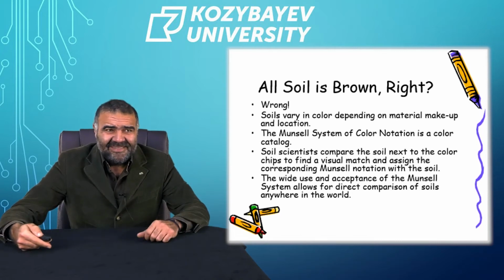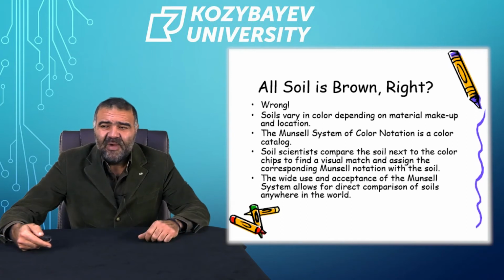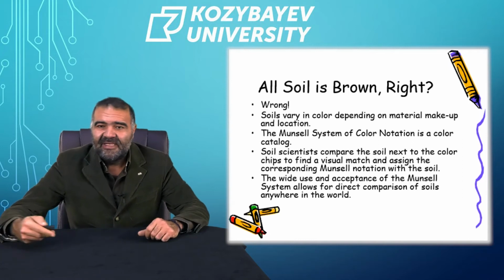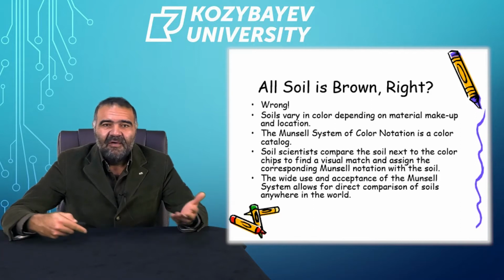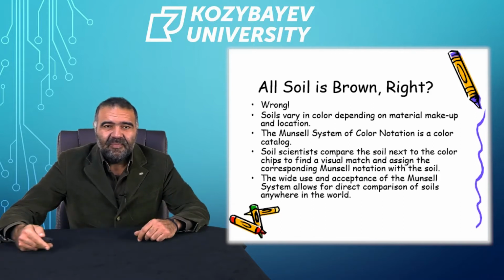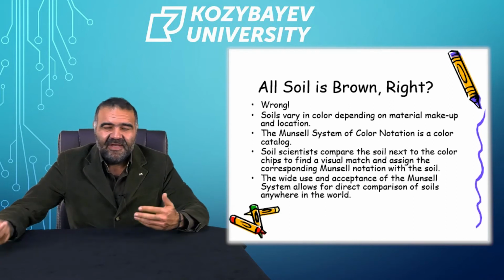We use a special system to determine the soil color. To determine the soil color, what the soil scientist is doing is not just expressing the color with an adjective or just with some terms to say green or red, because this perception of the color could vary from one scientist to another, from one individual to another individual.